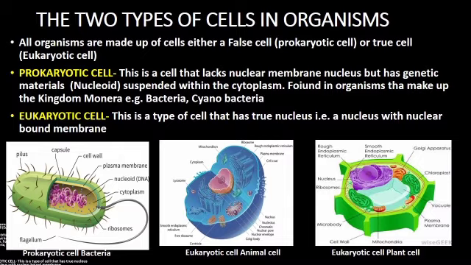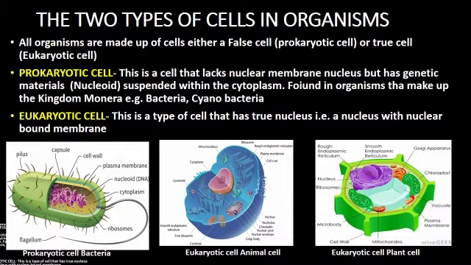And this suspended genetic material, as you can see in the first diagram, where we see a cell that looks like a capsule, that's a prokaryotic cell, having its genetic material suspended in the cytoplasm at the center. That is showing you a cut section of it. So that genetic material coiled up there is regarded as nucleoid.